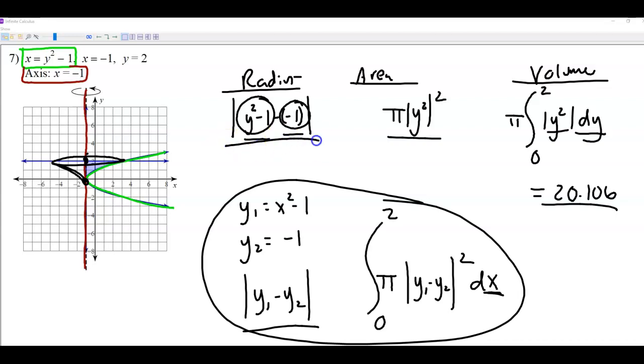The benefit of doing this is that technically you guys really could do this integral by hand, because we don't need the absolute value bars on this one, because we know which one should come first, and we've already figured that out. So it's y squared, and you end up with just what we have there. You guys can integrate this, right? You could use the first fundamental theorem of calculus on this, and whatever you get when you're done, just multiply it by pi, and you'll have the answer.